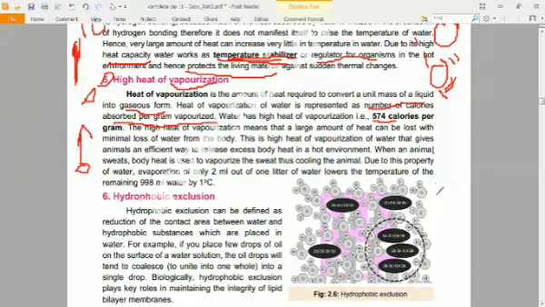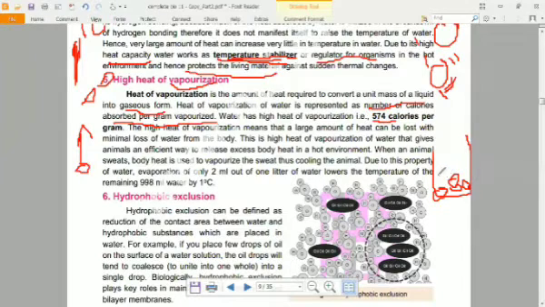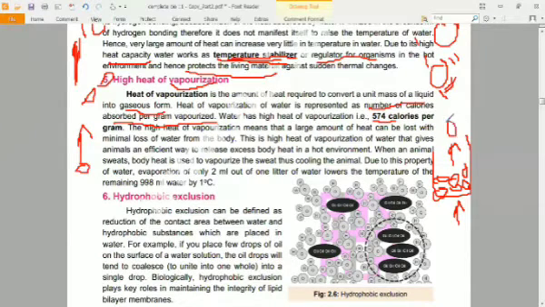For example, this is a container, and in it there are water molecules. Now we are giving heat to it. To make it into the gas form, it needs too much energy. Why?